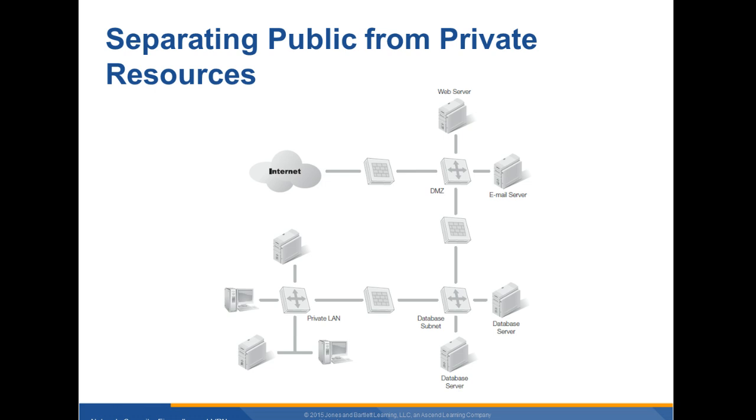So here you see a firewall separating the DMZ switch, which has attached to it the web server and the email server, and then another firewall separating the database subnet with a switch and its database server, and then yet another firewall separating the private local area network from the database subnet, with various different devices attached to that switch behind that particular firewall. And so this concludes part 1 of chapter 8.